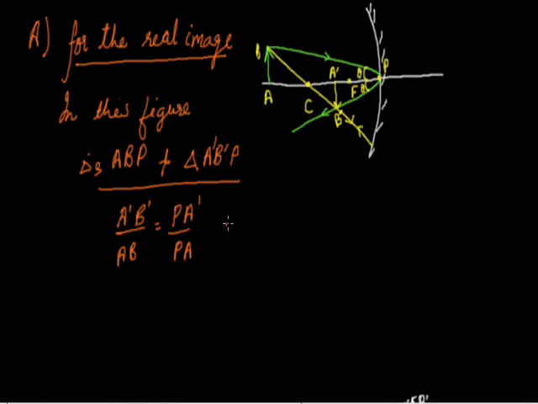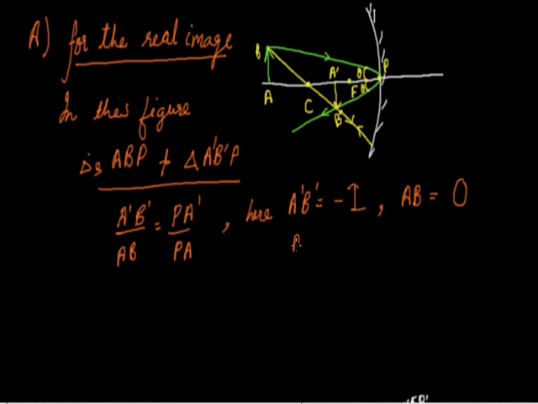So we can write here A'B' is equal to I, the image size, but as it is downwards from the principal axis, according to sign convention it should be taken negative, and the size of the object, as it is upward from the principal axis, should be taken positive.